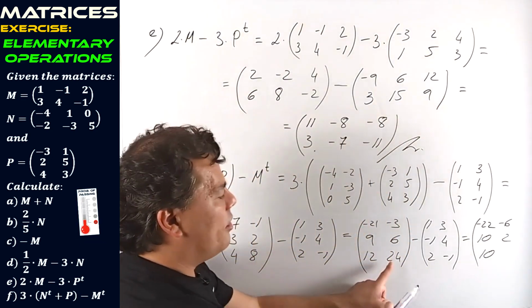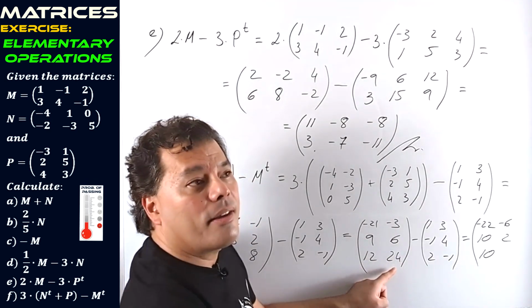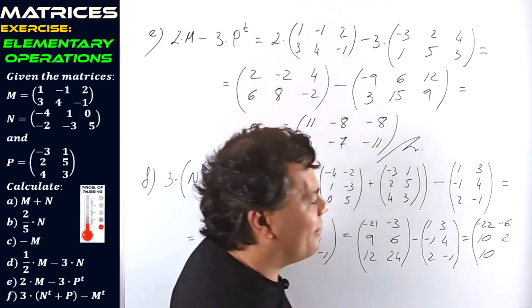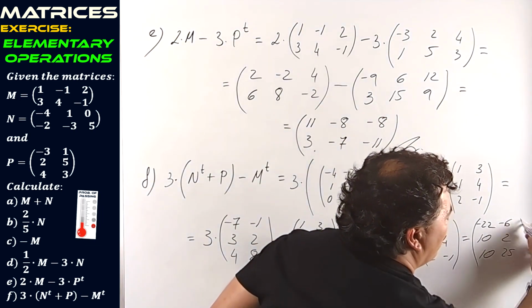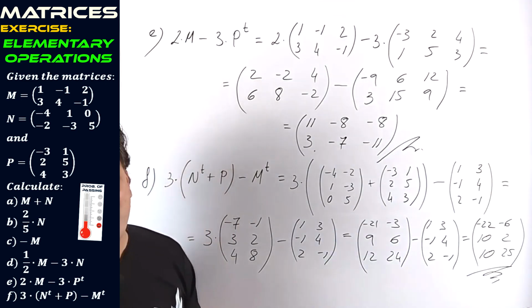And finally, 24 minus 1 is 24 plus 1, that is 25. And we have already finished this section and the exercise.